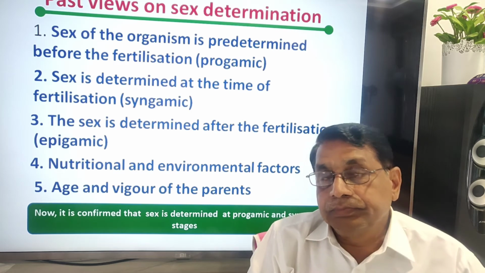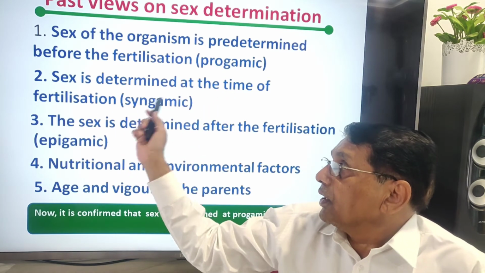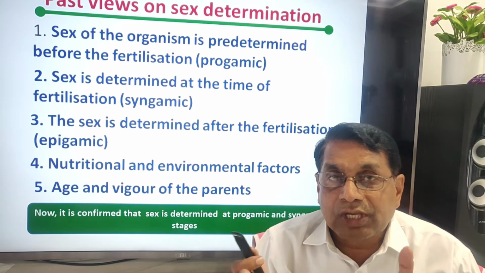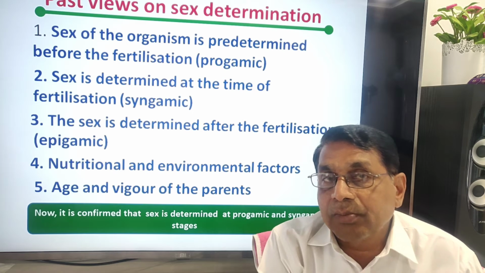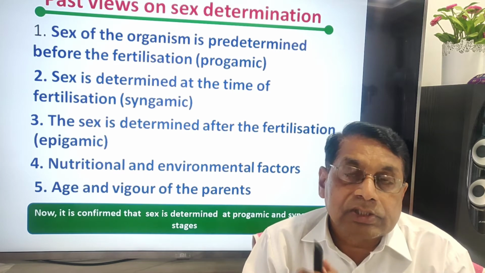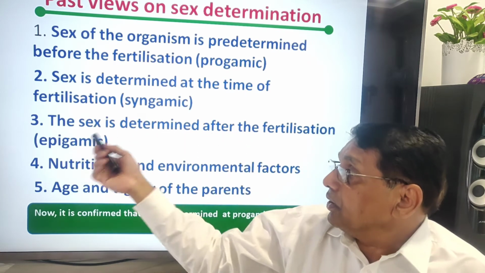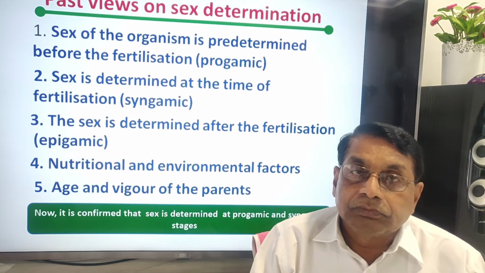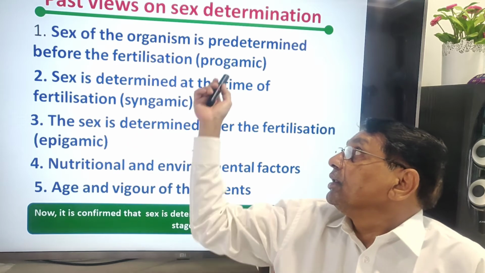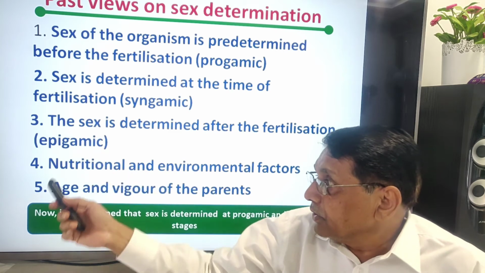Second view: sex is determined at the time of fertilization, syngamic, depending on which gamete fuses with which gamete of the male. Third: sex is determined after fertilization, which is called epigamic.